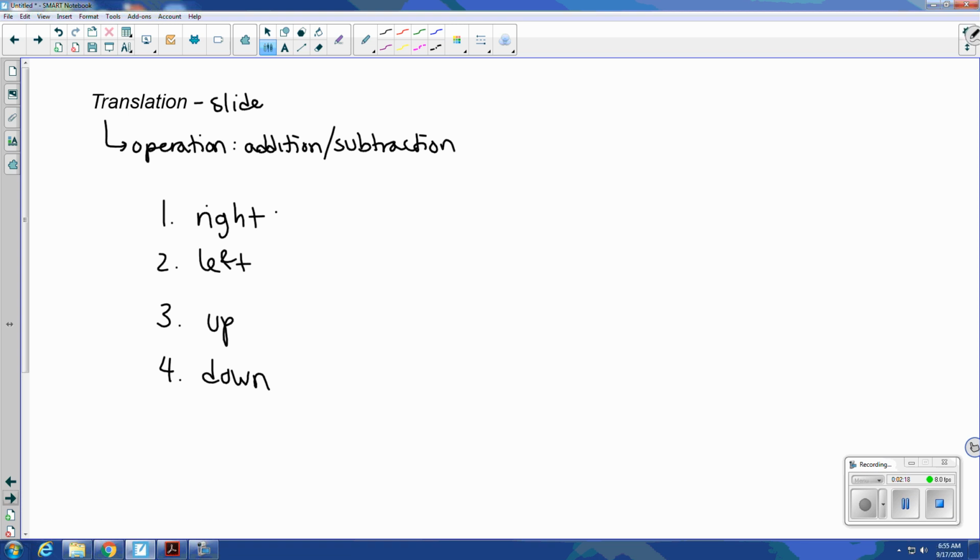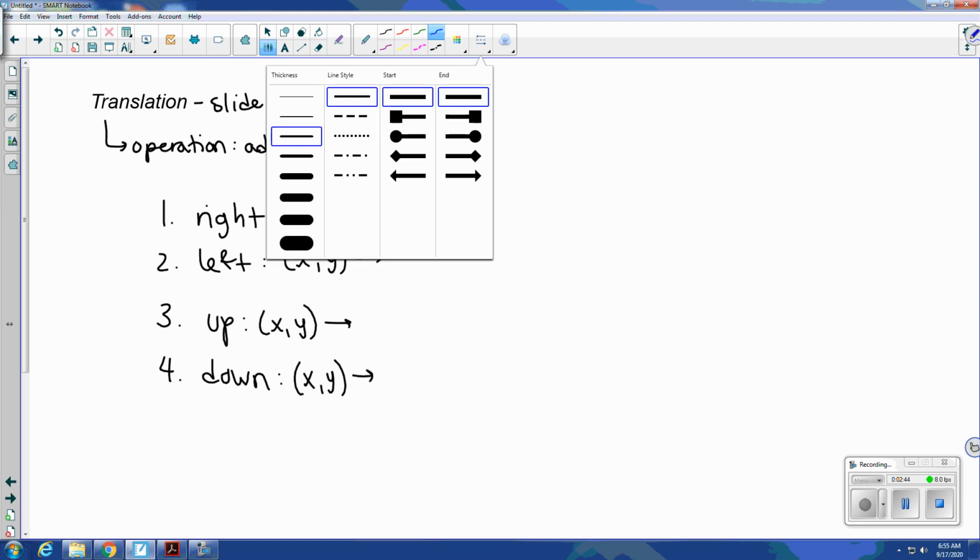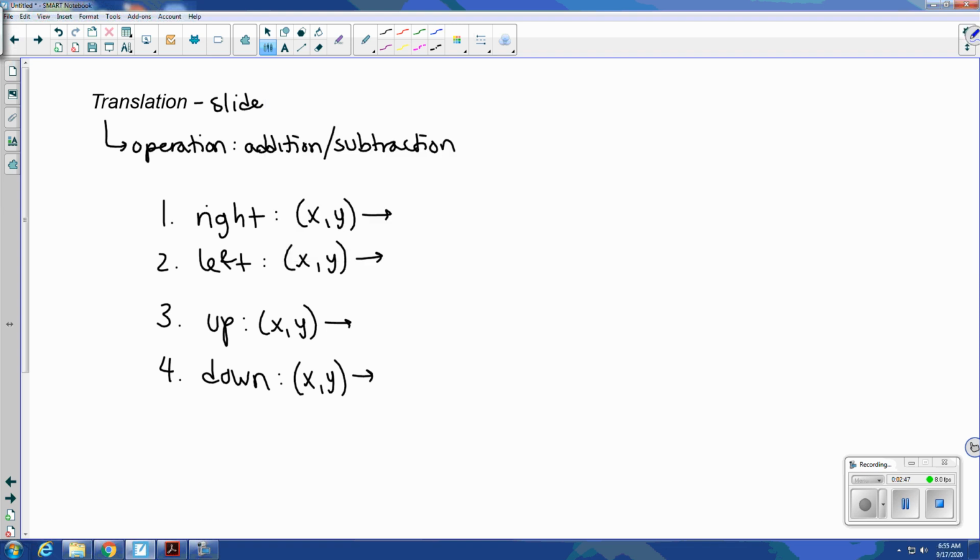If we have a point XY for each one, and we want to apply each individual transformation to that point. For moving something right, what we're going to do is add a value to what coordinate? Well, right is a horizontal movement, so you can predict that the application of this operation will be to the X coordinate.